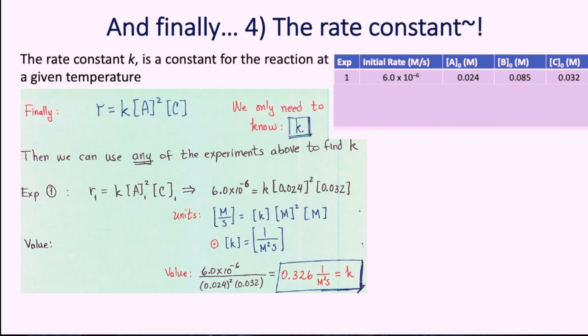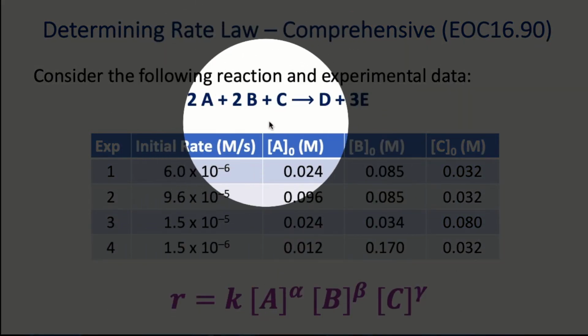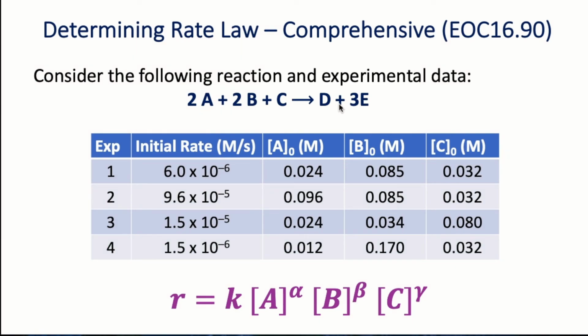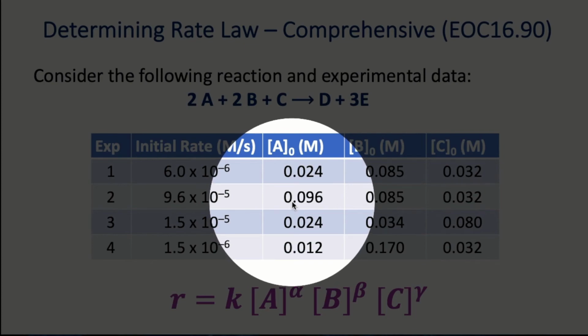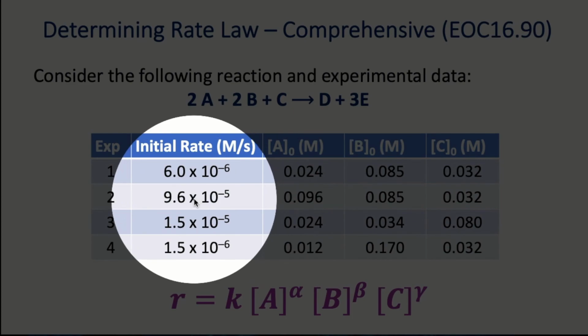Now, I mentioned that you can use any of the 4 experiments, so I'm going to ask you also to try with the data from experiment 3. You should get the same value within significant figures. Okay, now we have all the elements: K and the partial rate orders alpha, beta, gamma. In summary, we determined the rate law for a hypothetical reaction using the method of initial rates, for which we did experiments changing the initial concentrations of the reactants and measured how the initial rates change accordingly.